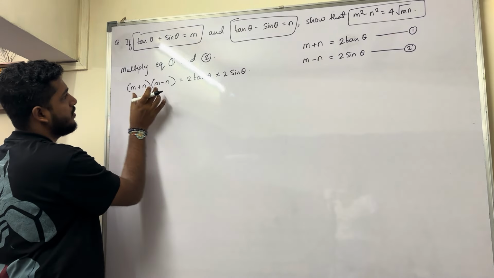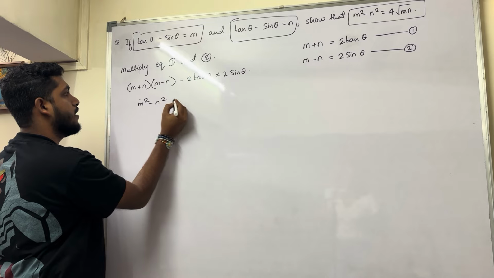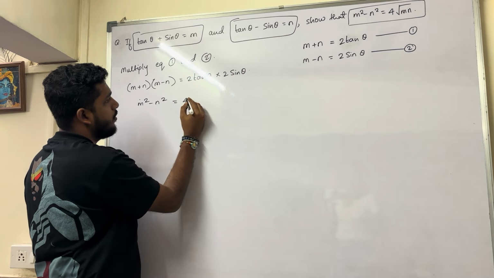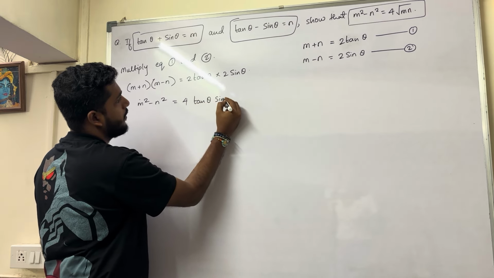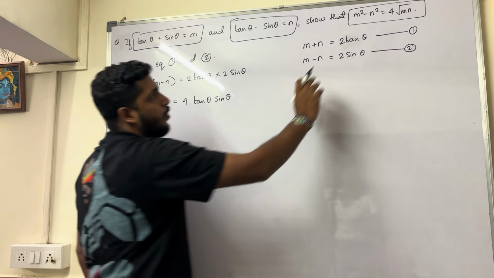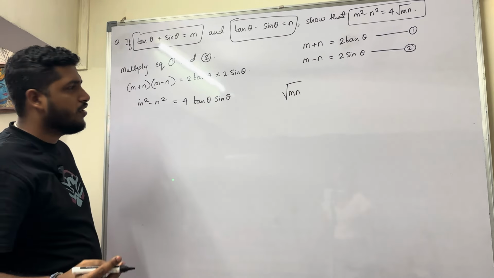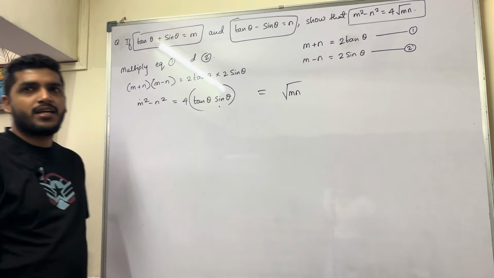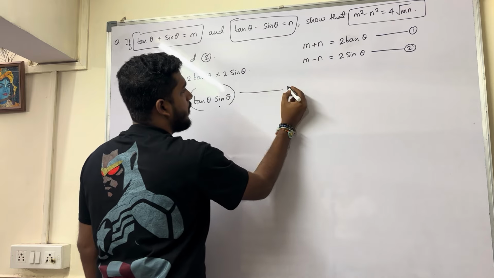So this thing I can write as m square minus n square according to the formula, and this will be 2 to the 4, 4 tan theta sin theta. So this thing we don't want here. We want root mn. So what we have to do is prove this thing equals to this thing. Then we can compare the equations and prove it. So this will be my equation number 3.